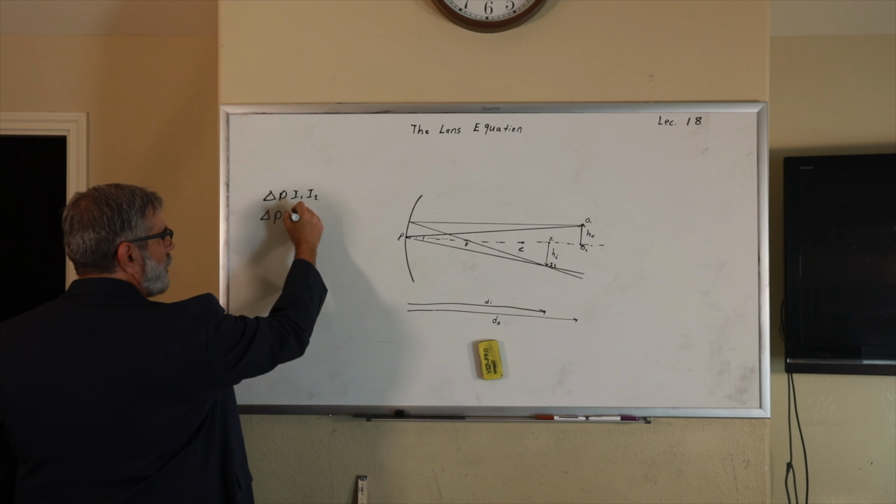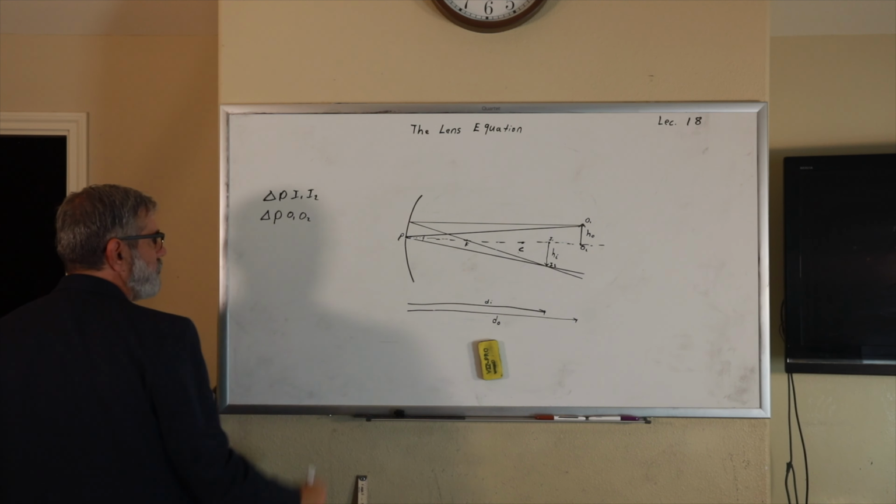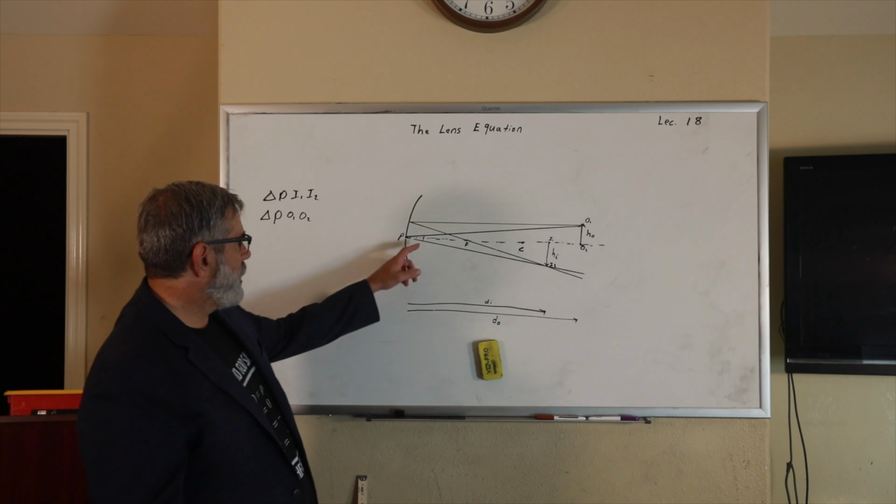So P, O1, O2. Because these angles are the same, these triangles are similar. So I guess I should have drawn it like this. Similar to P, O1, O2.